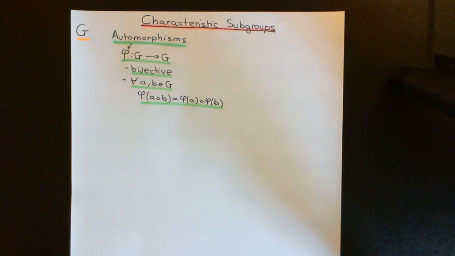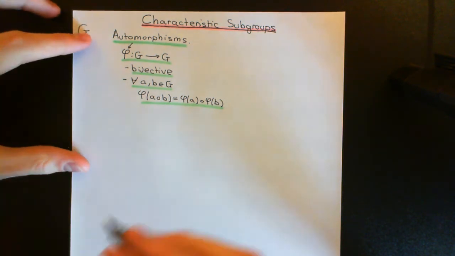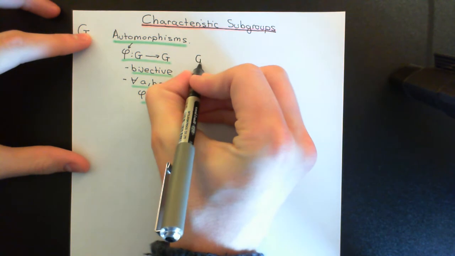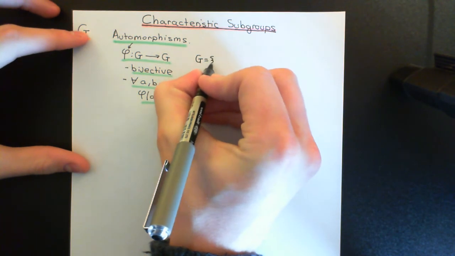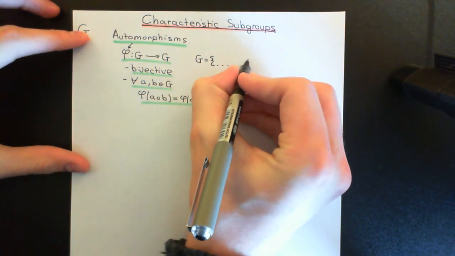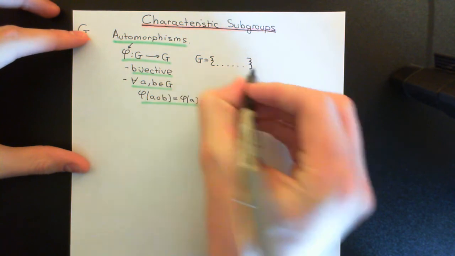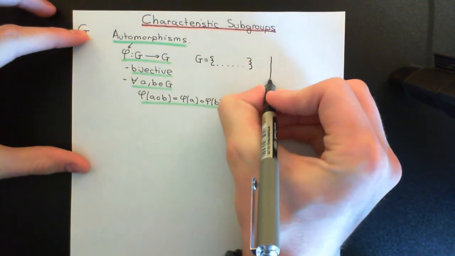Now, let me remind you of the interpretation of this, because this is the rigorous definition, but what does it really mean? It captures a really important concept. Let's draw a picture of our group capital G. Fundamentally, our group G is just a set of symbols with a composition law defined on it.